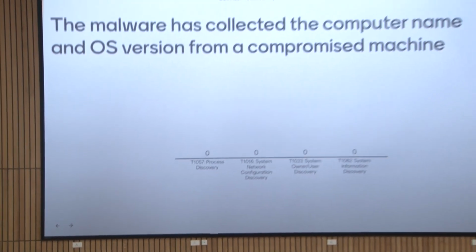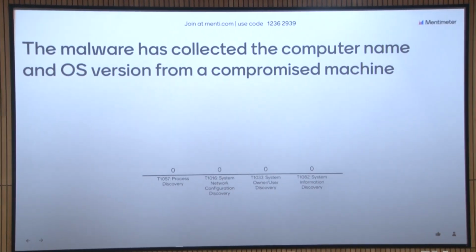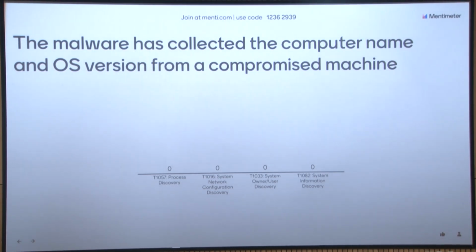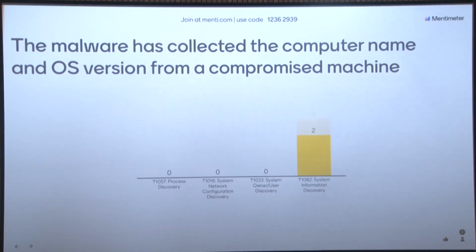Okay. So, now the next question: the malware has collected the computer name and OS version from a compromised machine. If someone can explain to me why system owner or user discovery would reflect this attack pattern mentioned in this sentence?